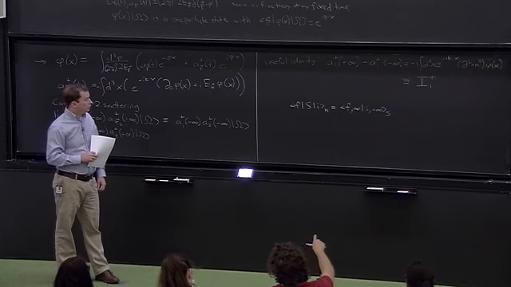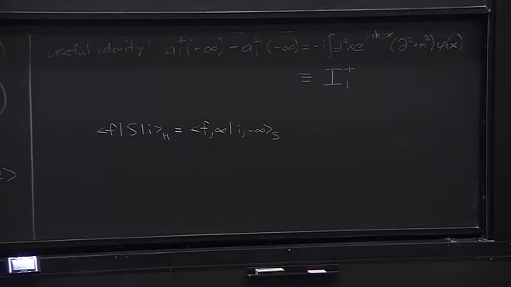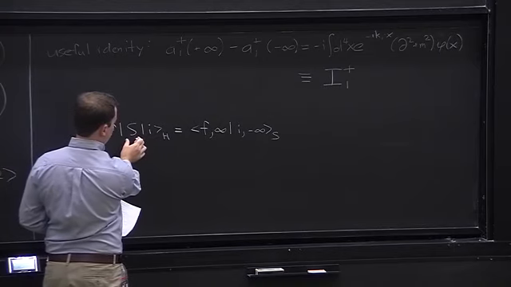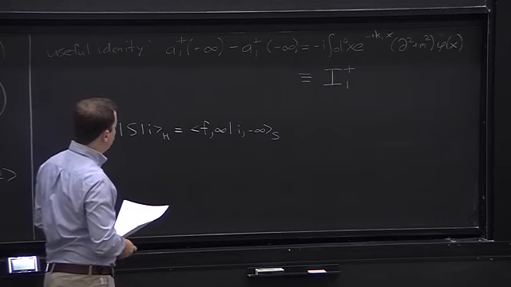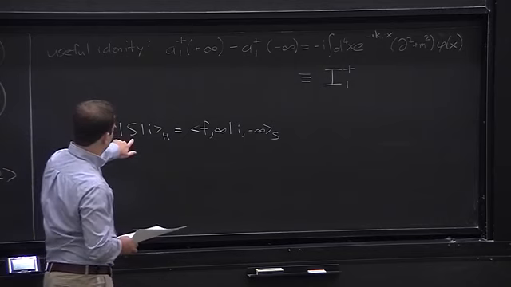Don't you need to evolve the initial state to infinity before you can act on it from the left? These are the same things. So this state is time independent, and here the time evolution is in this operator.